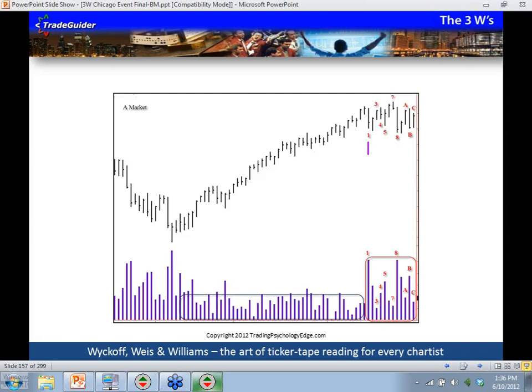We can see the volume has gotten substantially larger than all the volume in this uptrend. On average, the average volume might be somewhere in here, and the average volume in here might be something like that.